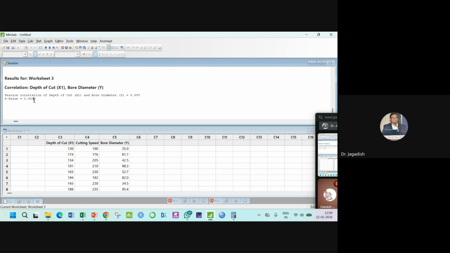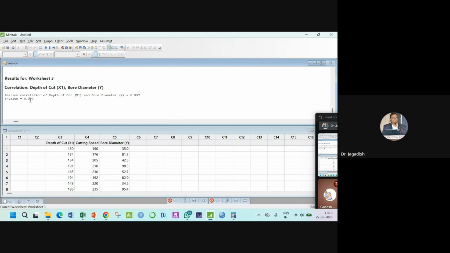And the p-value is also equal to 0.0. That means it is acceptable, it is a higher correlation. If the p-value is more than 0.05, then definitely your correlation will be very, very near to zero. If it is equal to or less than 0.05, we can expect that the r value will be higher, maybe higher on the positive side, or maybe higher on the negative side.